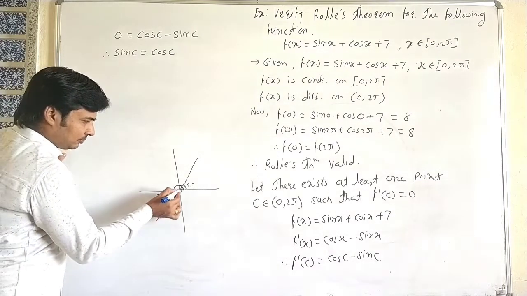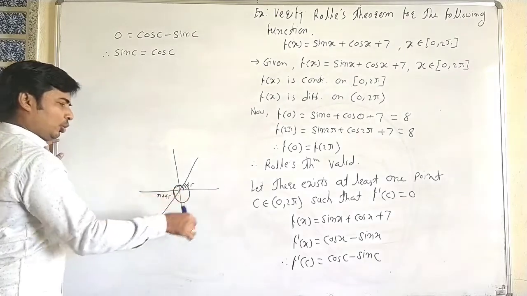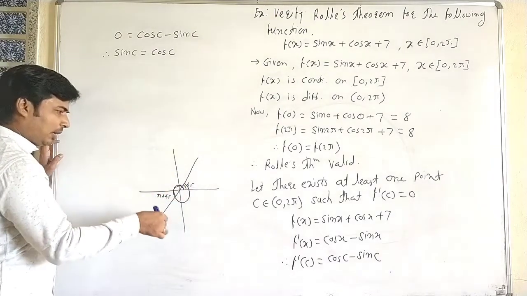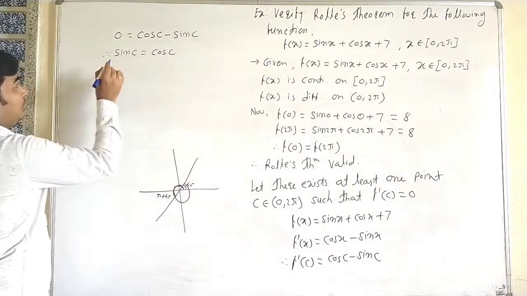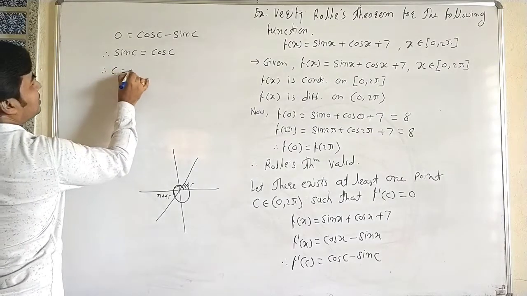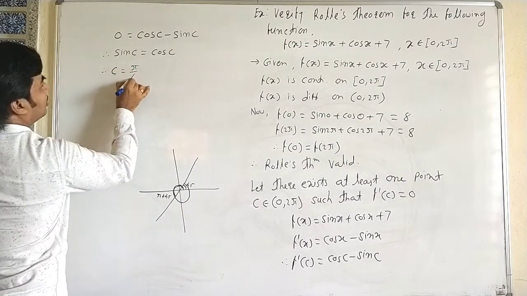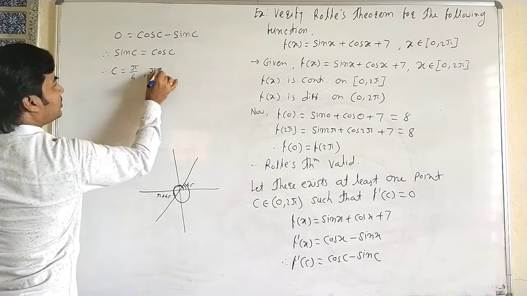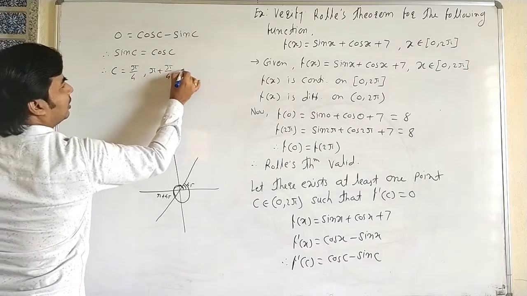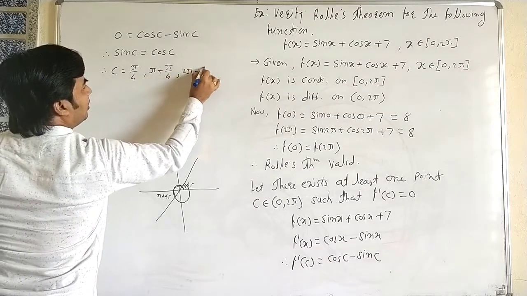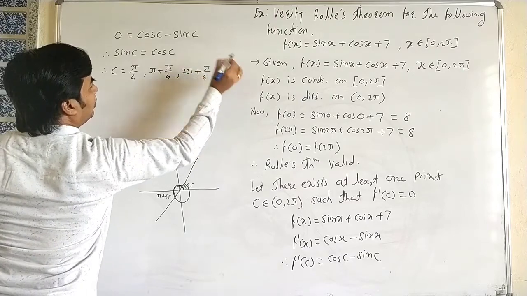Then again 2 pi plus 45, 3 pi plus 45, 4 pi plus 45. Therefore c is equal to pi by 4, pi plus pi by 4, 2 pi plus pi by 4, up to infinite values.